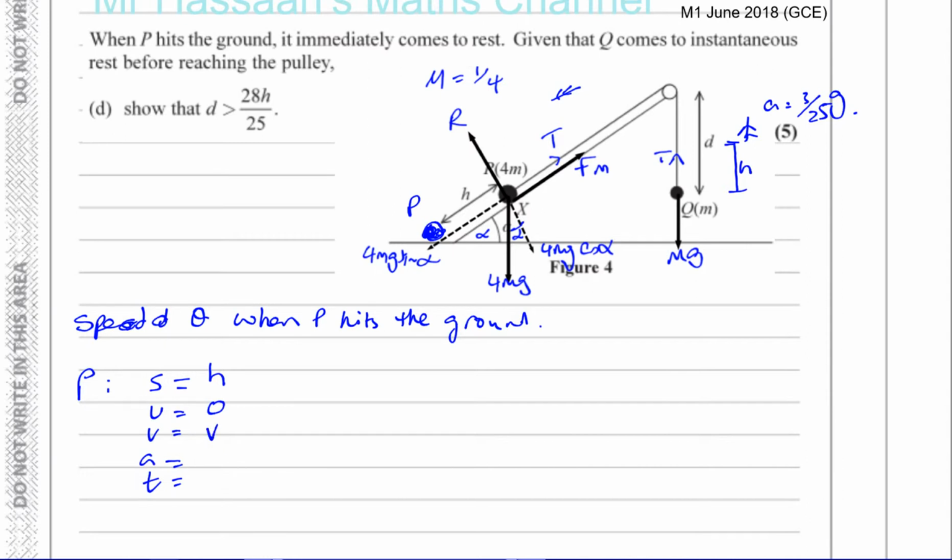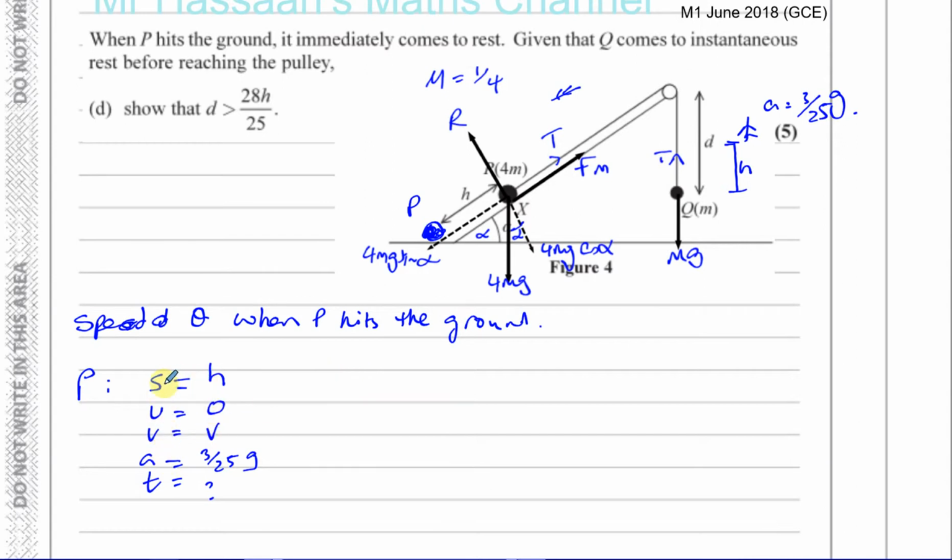So we're finding the speed v in terms of h. We have v, u, a and s, so v squared equals u squared plus 2as will work.